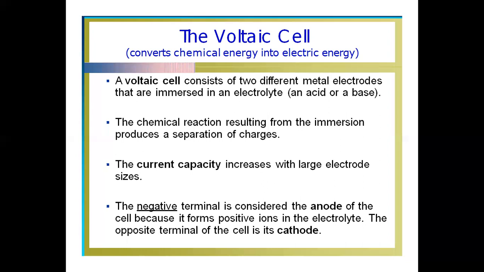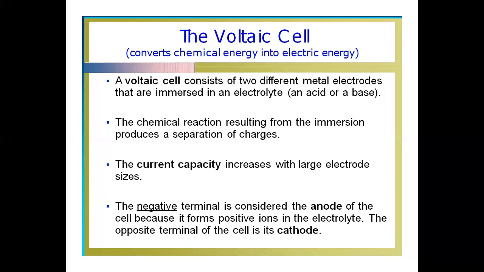The chemical reaction resulting from the immersion of the metal electrodes produces a separation of charges. As soon as we immerse the metal electrodes in the acidic or basic solution, a chemical reaction starts, and that chemical reaction results in the separation of the charges. The current capacity increases with large electrode sizes.